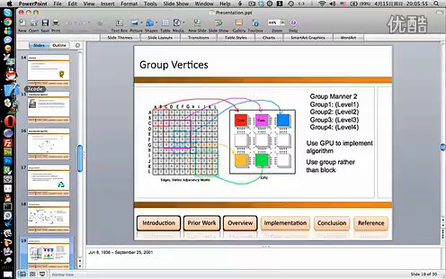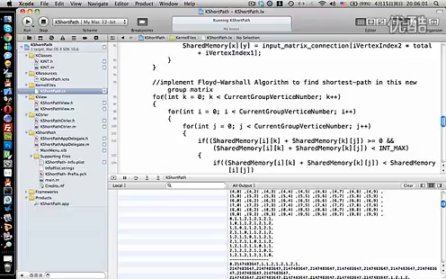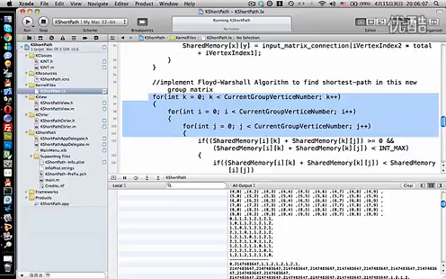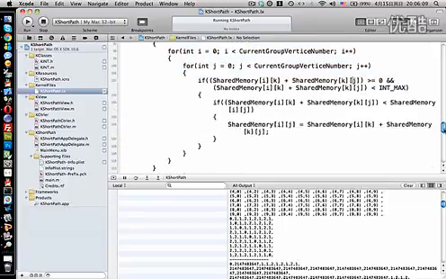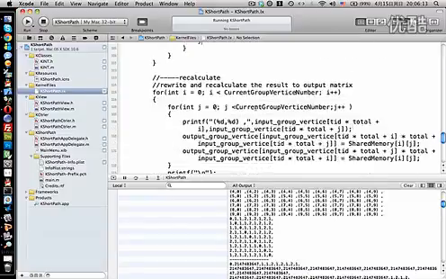That's why here I load the value in here and use this one to calculate the Floyd Warshall algorithm. After that, I write this result back to the output, and then I want to reuse these values.